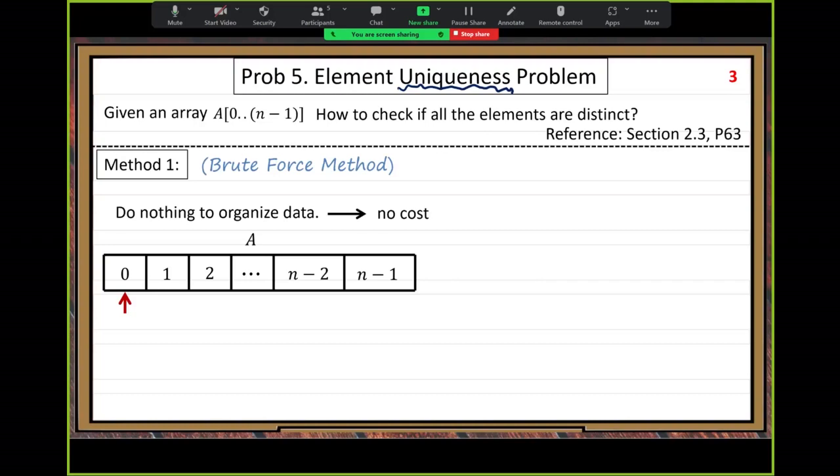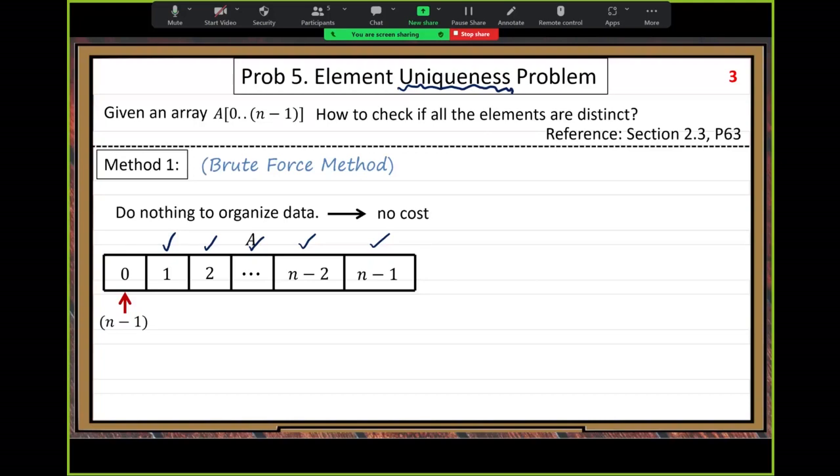So that's our first round checking. Because we need to do comparison with each of the elements one by one in sequence.